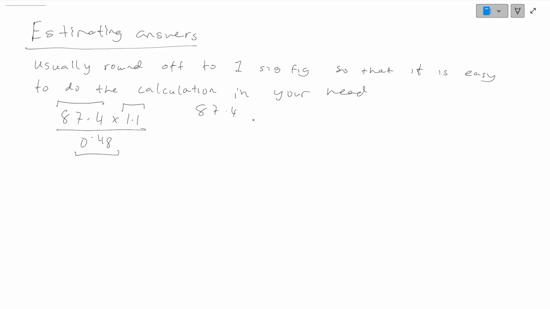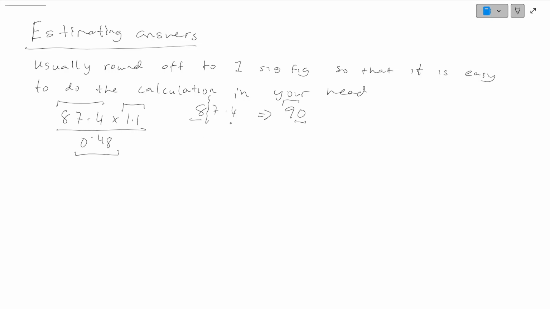87.4 to 1 significant figure would be what? The first significant figure is 8. Draw my door, look at the number next door. It's 5 or more. Therefore, I will round this up and I will get 90 from it. In this case, as you can see, the trailing 0 is not counted as a significant figure, and the digit 9 is my only significant figure in my approximation.